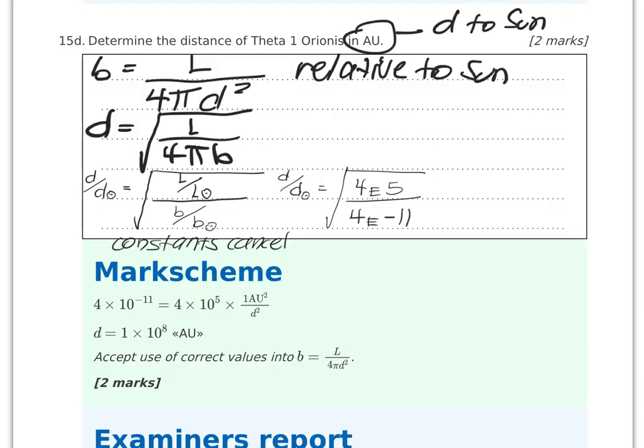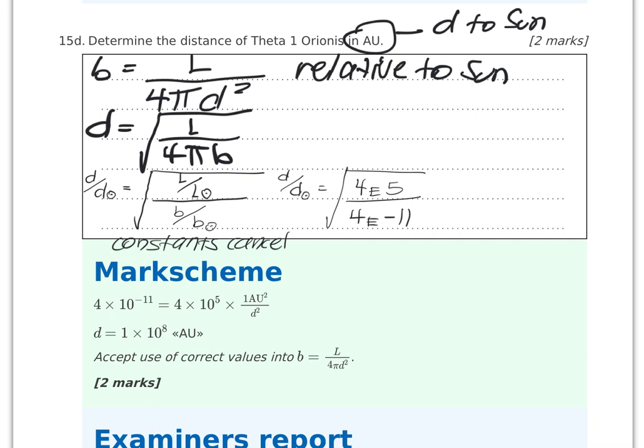So yeah, 15D uses the distance related to the relative brightness, but all of the numbers were given in relative values to the sun. So that's why I replaced all of the D, L, and B with relative values. And if I'm looking at a relative perspective, the constants divide out. The reason I'm looking for the relative distance is because the distance in AU is relative to the distance to the sun.